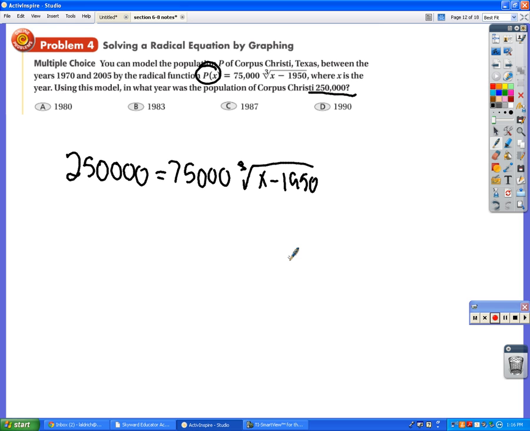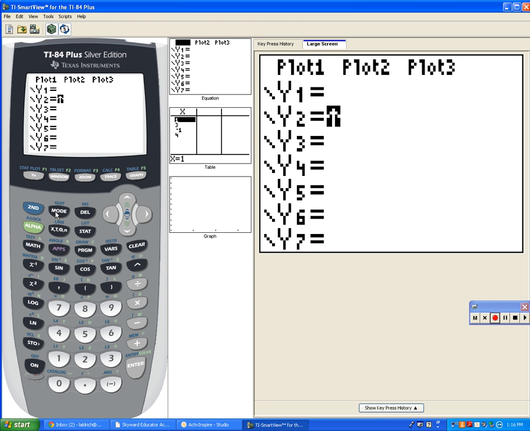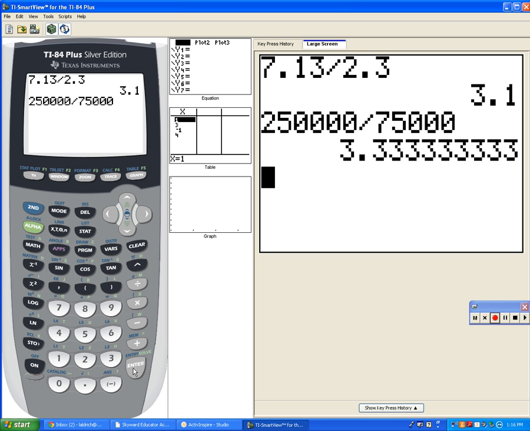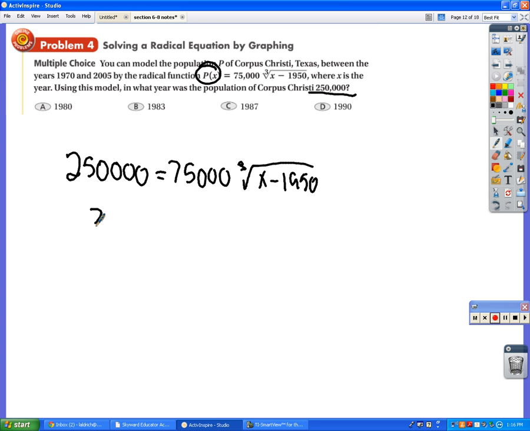So 250 divided by 75, then I get 3.3 repeating, 3 1/3. So that would be 3 1/3 equals the cube root of x minus 1950.